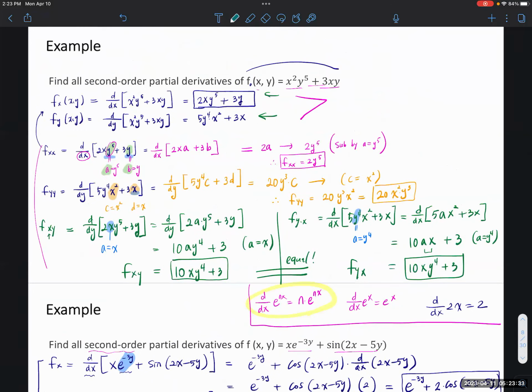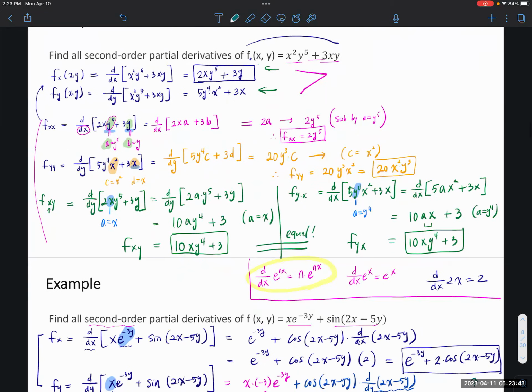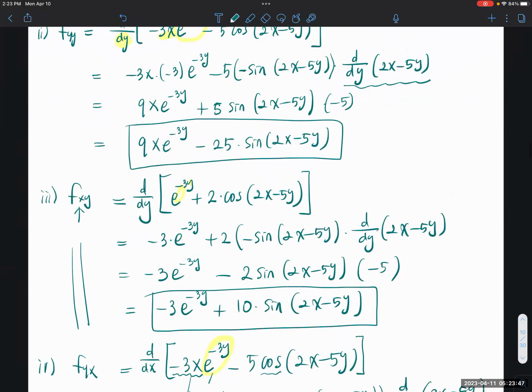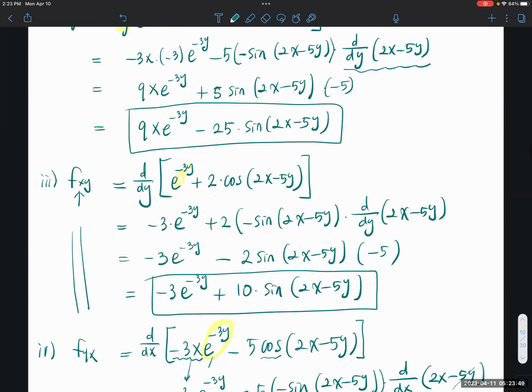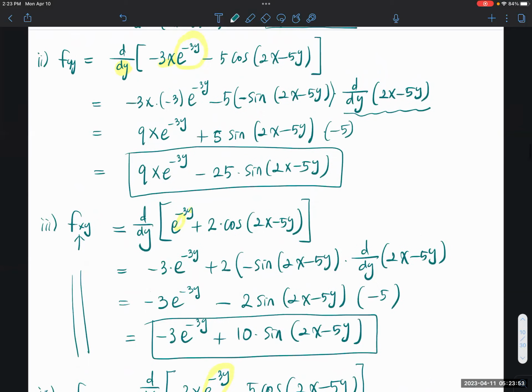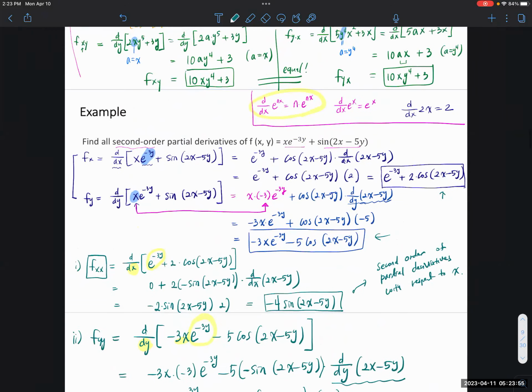Some people like this method because they can see exactly where the constants are, and it helps us find the differentiation better, right? But if you don't need this, it doesn't matter. You can directly keep on going, taking the differentiation. Does it make sense, Yuan? Yeah. So you can do either way. They're going to give you the same answer. But I wanted to show you guys two different approaches so you can choose whatever you want.